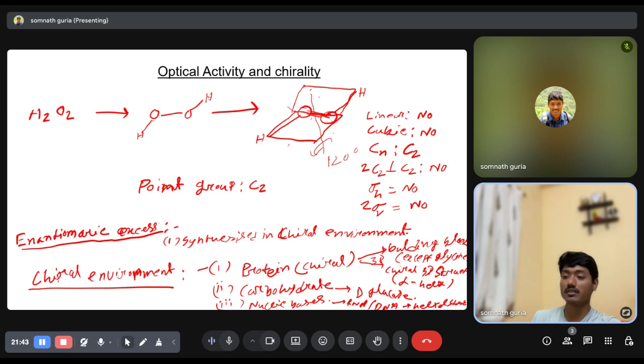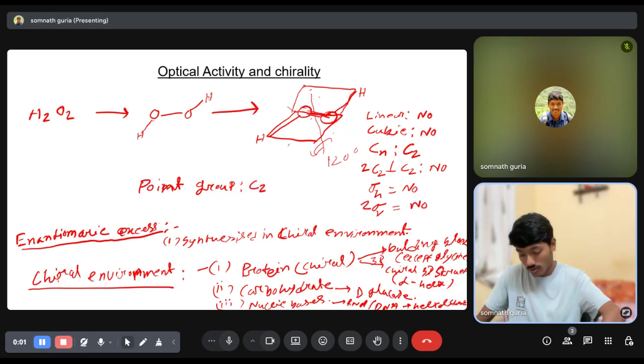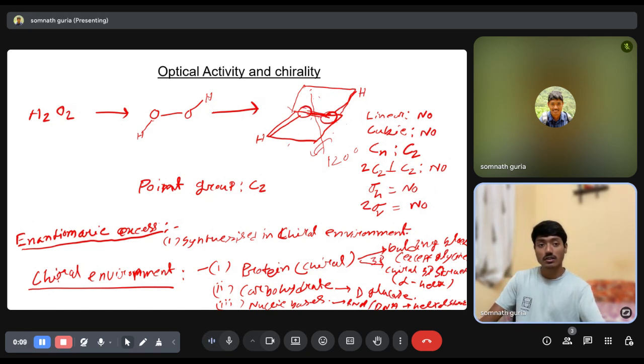Where we find a helical structure, there should be chirality associated with it. Those chiral environments occur naturally, so using that we can make a chiral environment and synthesize optically active molecules with enantiomeric excess.